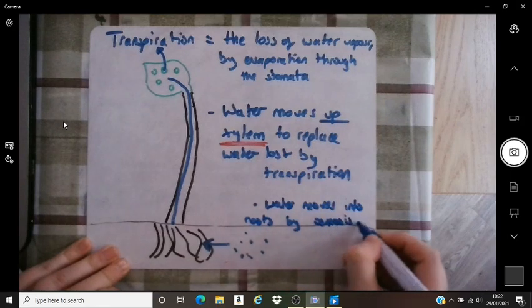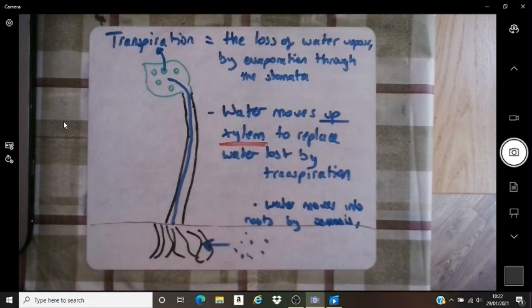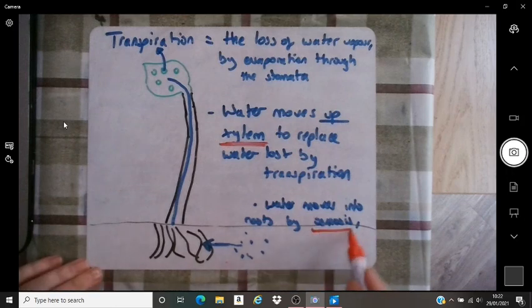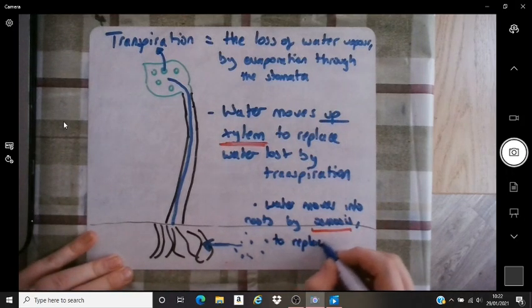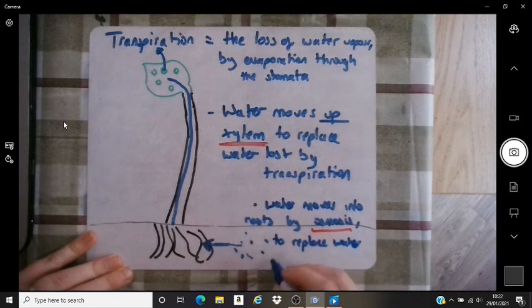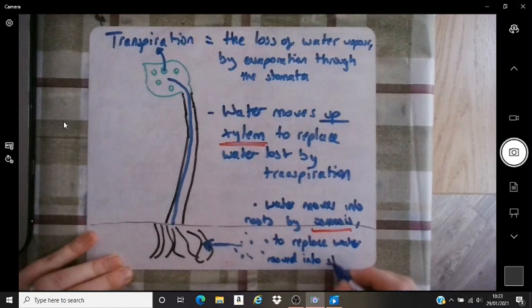That's your key term. If you're explaining that properly, you then give a definition, wouldn't you? From a high water concentration to a lower water concentration across a partially permeable membrane. And it's doing that to replace the water which has moved into the stem.